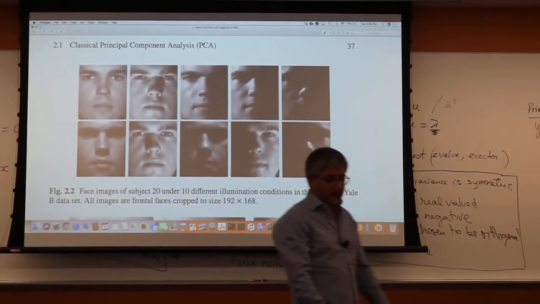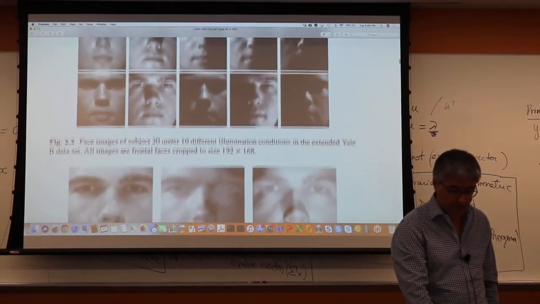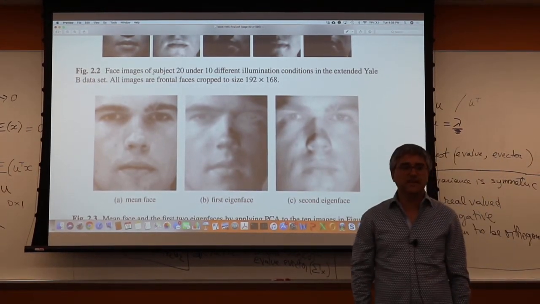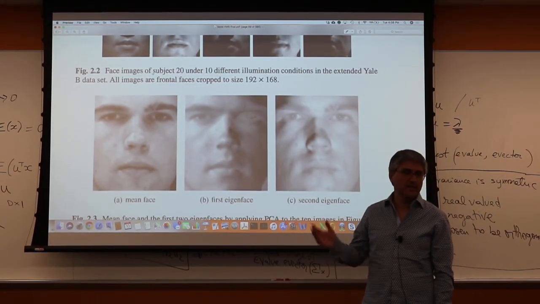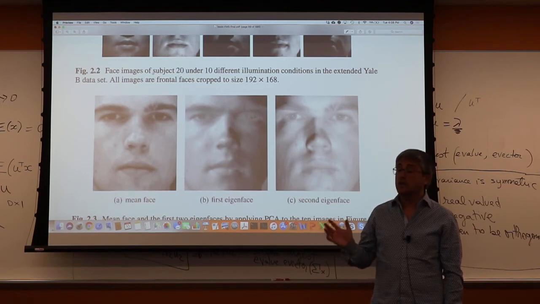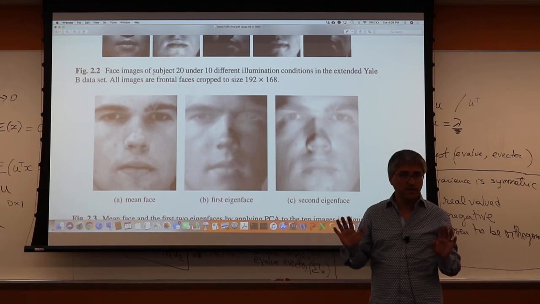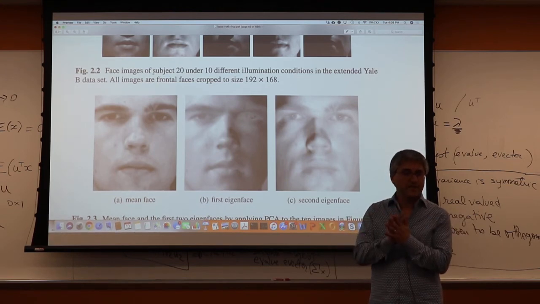So what are we going to do? We are going to compute the average of all the faces. That is exactly the first step that I never emphasize and talk about. But you're going to prove in the homework that when the data is not centered and is not zero mean, you have to compute the average.